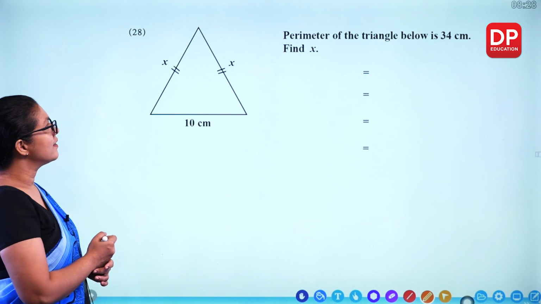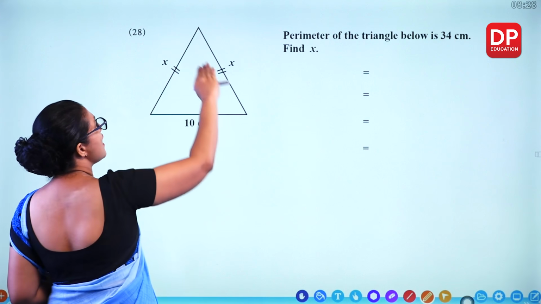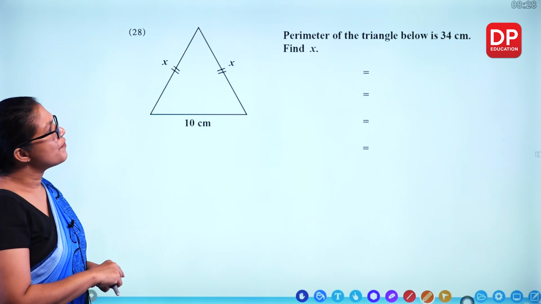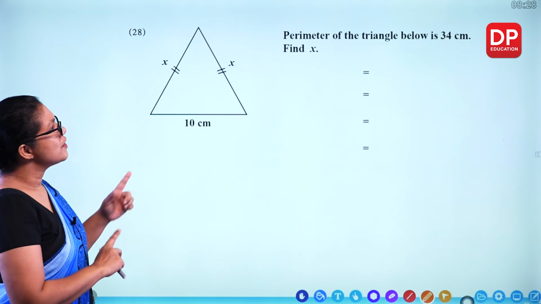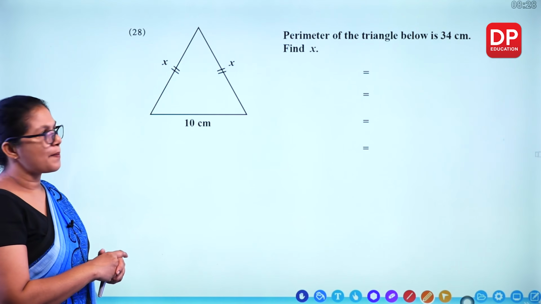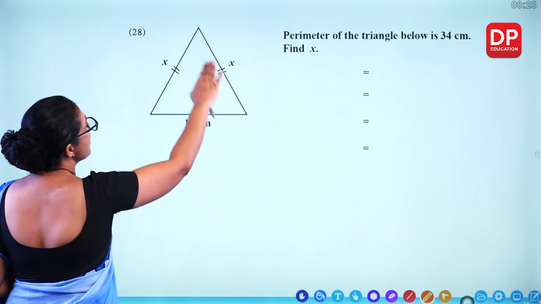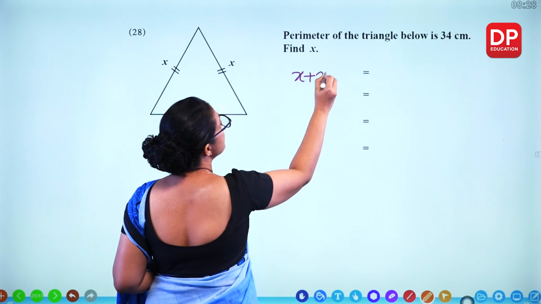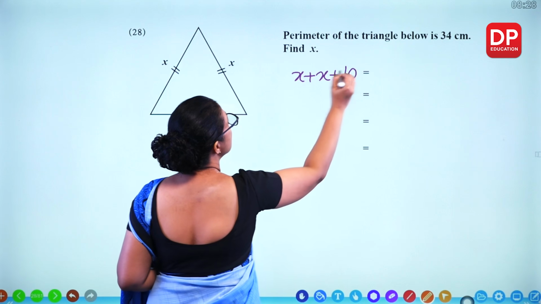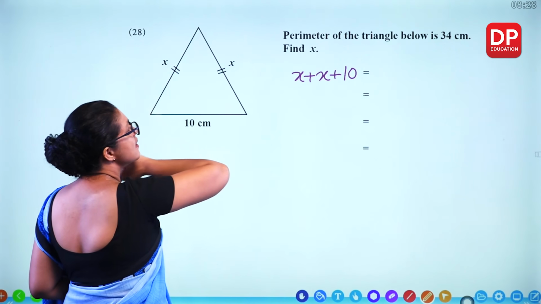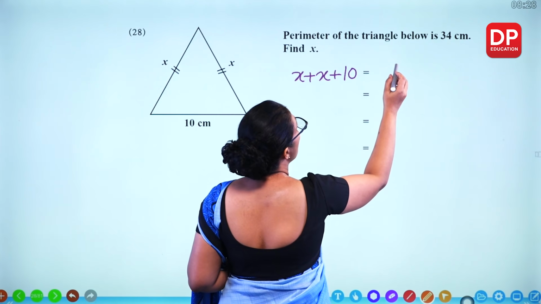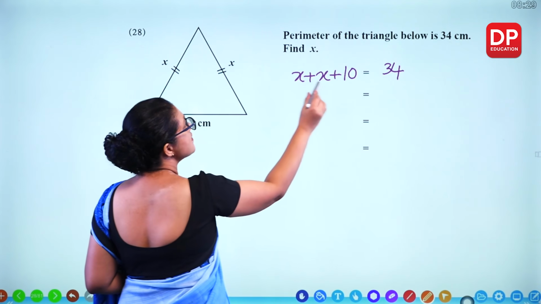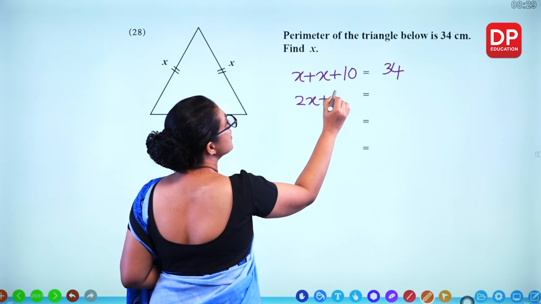What is this triangle? I told you, two sides are equal. Isosceles triangle. Perimeter of the triangle below is 34 centimeters. Find x. So, make a formula. x plus x plus 10. That's the total distance in this triangle. That's called perimeter. That's equal to 34. x and x becomes 2x.